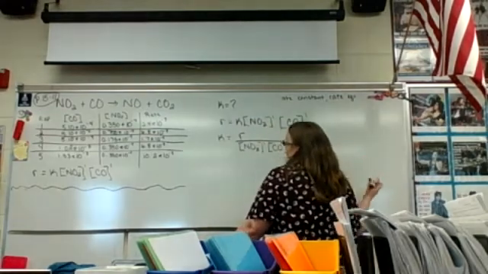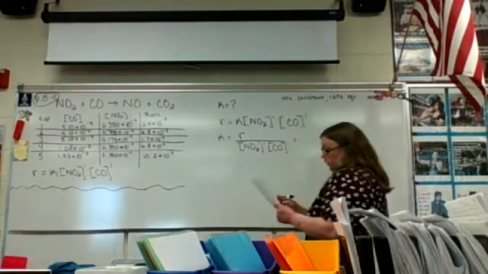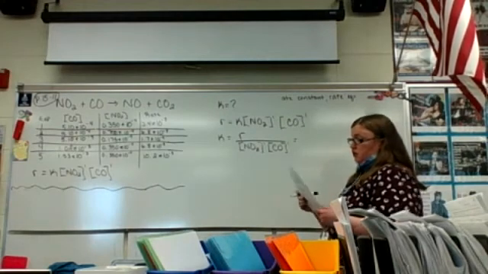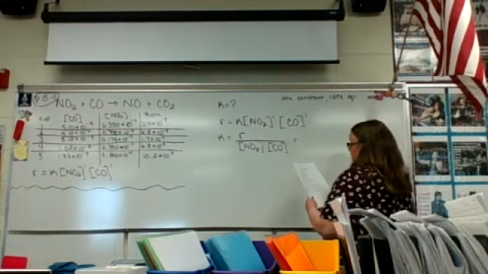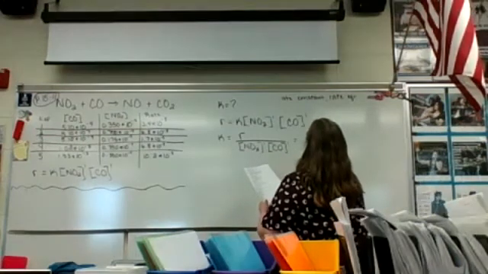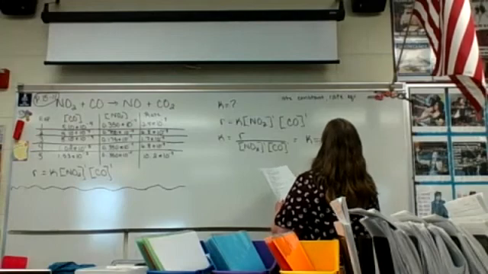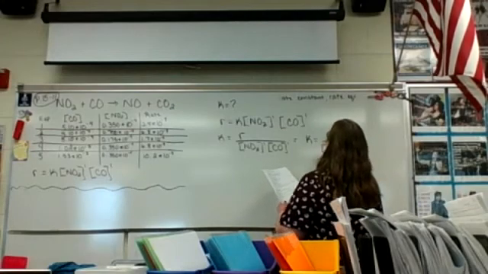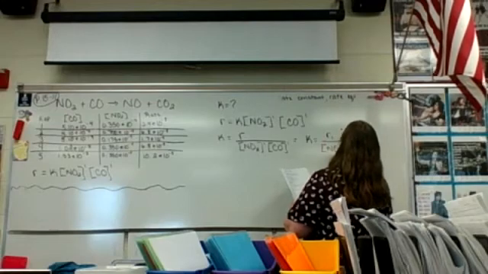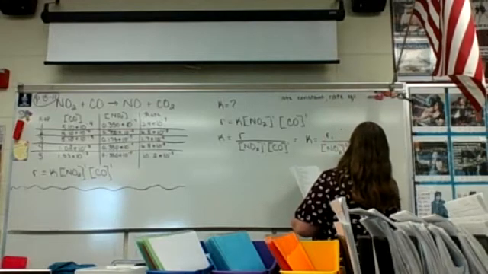So might as well plug in from the first equation. So we would have K equals rate 1 over the concentration of NO2 for experiment 1 to the first times the concentration of CO for experiment 1 to the first.